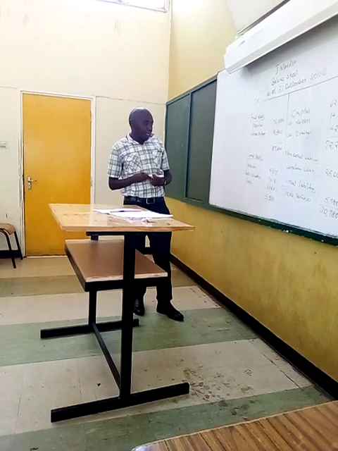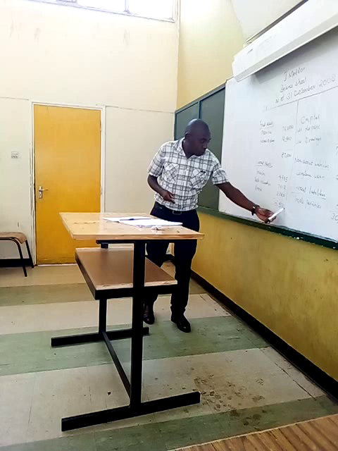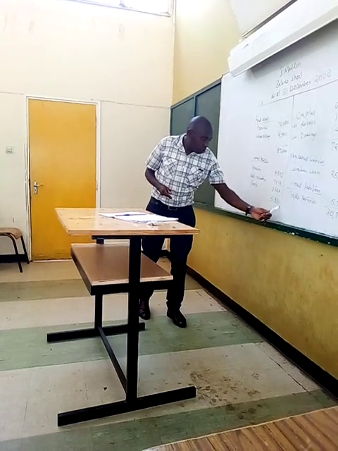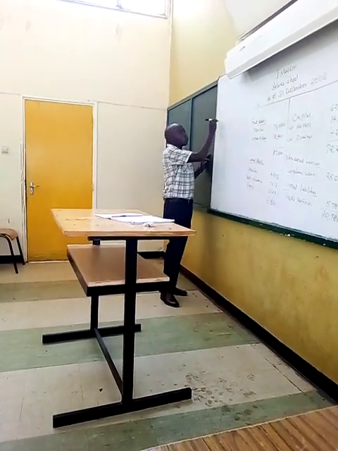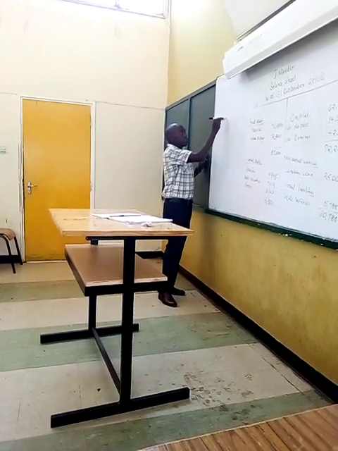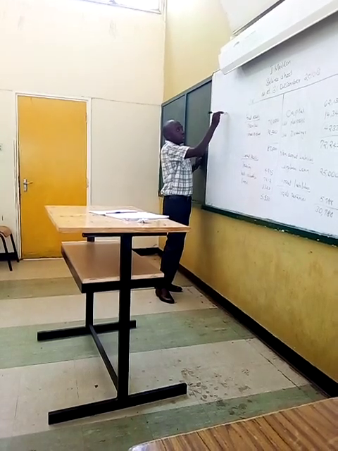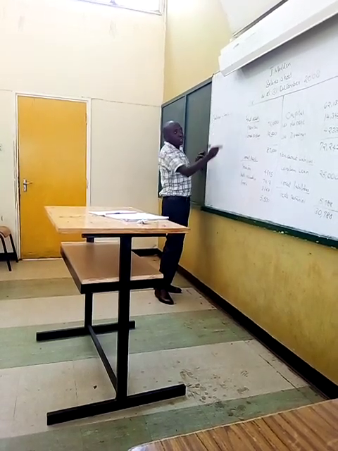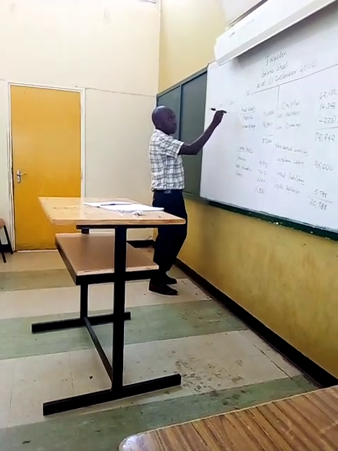To balance this, we add fixed assets plus current assets. You get the total 103,030.